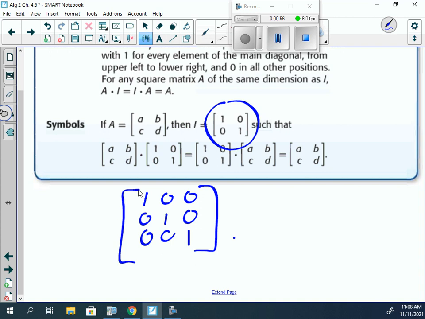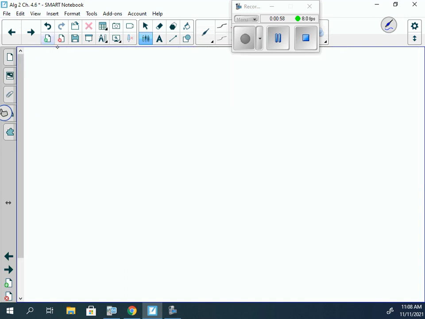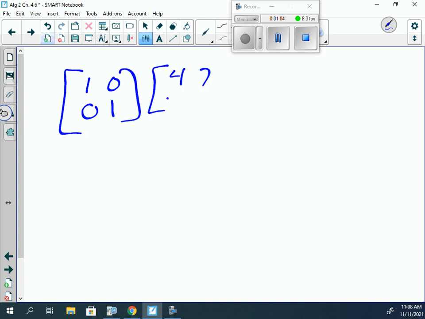Because if we multiplied the identity matrix, and this isn't in your notes, but say 1, 0, 0, 1, by 4, 7, negative 3, 2. Because when we did the multiplication, we would go over and down. Well, here we would have 1 times 4, which is 4, plus 0 times negative 3, which is just going to be 0.